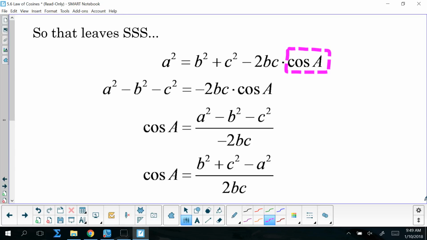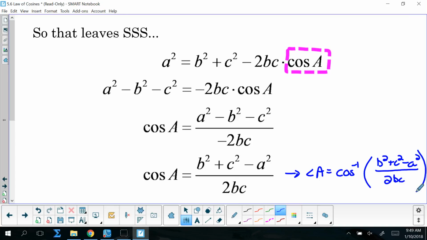Now, if I'm solving for the angle, then angle A is going to be the inverse cosine of that. Okay. And which one would I find first? Biggest, because it's law of cosines.